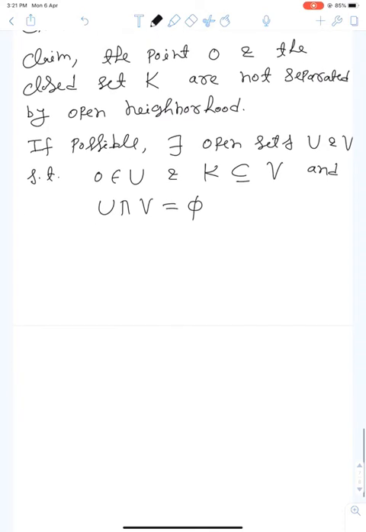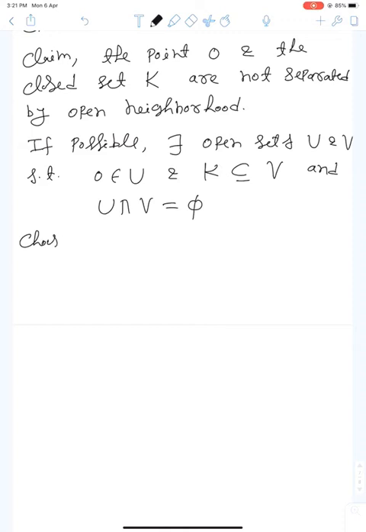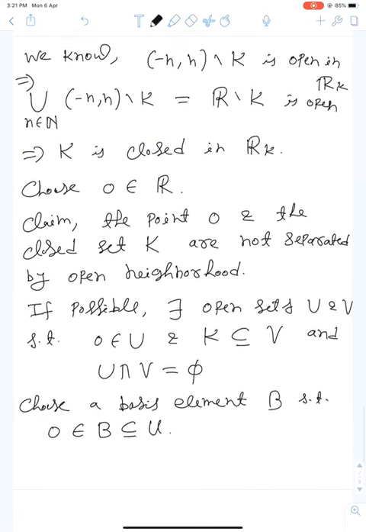What kind of contradiction do we get? First of all, we have 0 belongs to U. So choose a basis element B such that 0 belongs to B, subset of U. Now every basis element is of the form either open interval AB or open interval AB minus K.